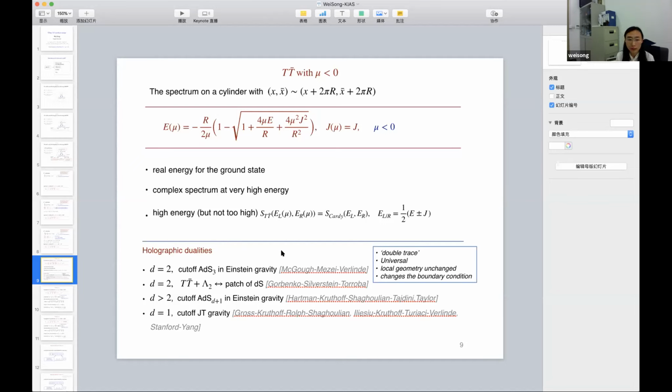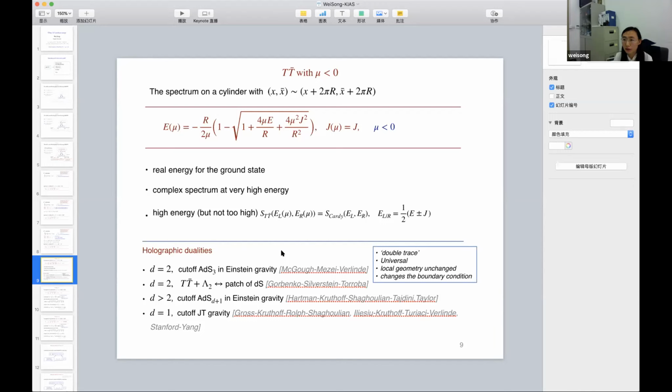So TTbar is to impose a Dirichlet boundary condition on the metric at finite cutoff. So on the cutoff surface, the graviton is no longer dynamical. Yes. It should be a fixed background.